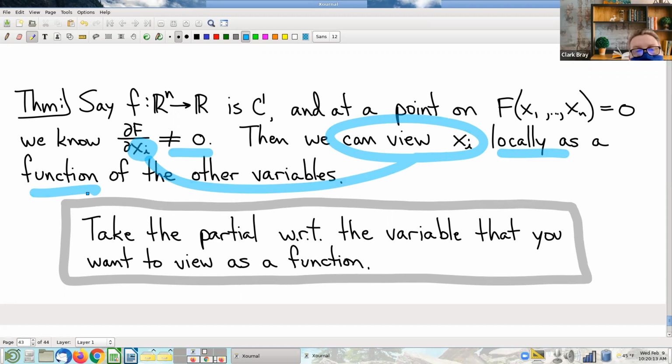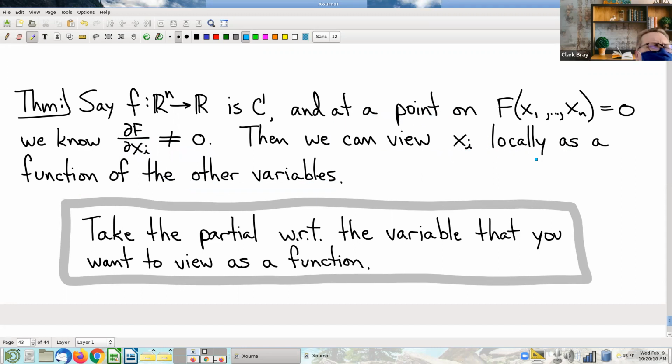Okay. And the shorthand way of remembering what I am taking the partial of with respect to what: always take the partial with respect to the variable that you want to view as a function.